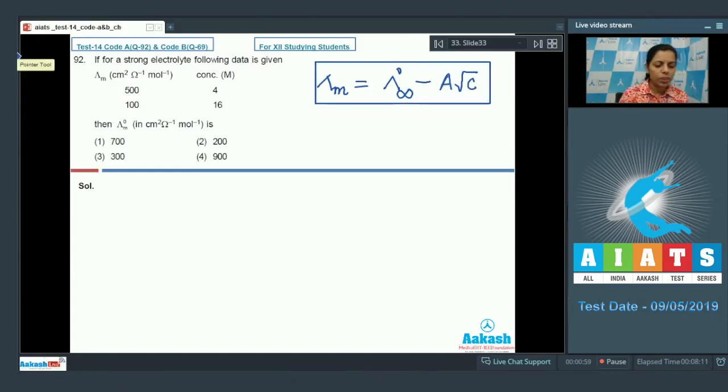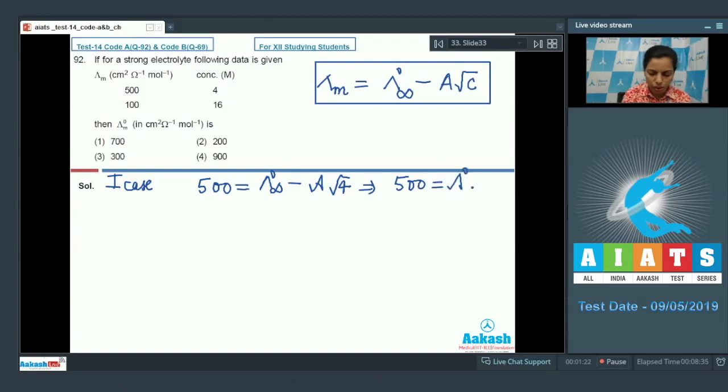Now, on the basis of this, we can imagine the first case, when the molar conductivity is 500, limiting molar conductivity we don't know, minus A, the constant, that's why I'm taking it as A, and concentration is given, that is 4. So this can be simplified by writing 500 is equal to limiting molar conductivity minus 2A.